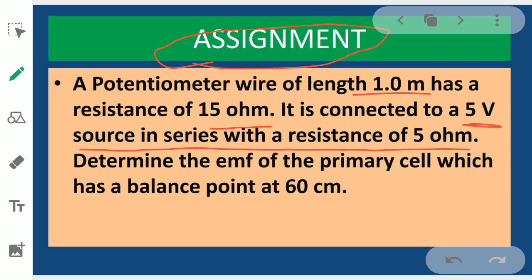Again another resistance is connected, 5 ohm resistance. So you have to determine the electromotive force of the primary cell, which has a balance point of 60 centimeter. So the primary cell is connected in the secondary circuit, and the balancing length for the secondary circuit is 60 centimeter. So you have to find out the electromotive force of the primary cell.